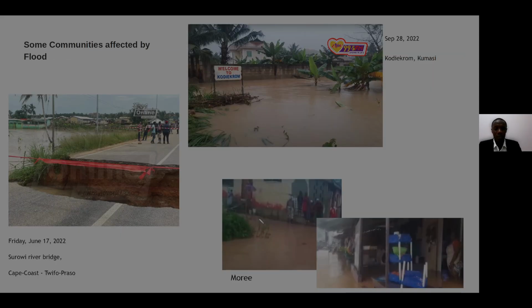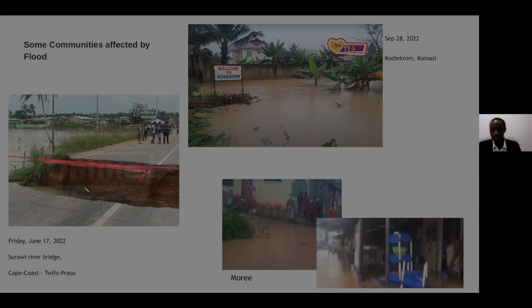Now, some other communities different from Accra that are also affected by flood include Mori, closer to Cape Coast here, and Kodiakrom in Kumasi, and also in the Central Region near Cape Coast.